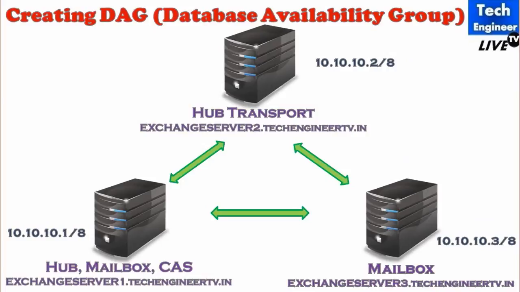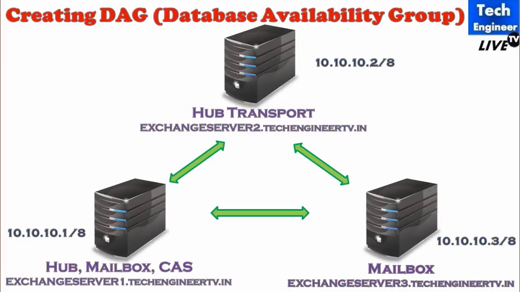The lone hub transport server has the IP 10.10.10.2, and the mailbox server has the IP 10.10.10.3. So one is the hub transport server, another one is the mailbox server.